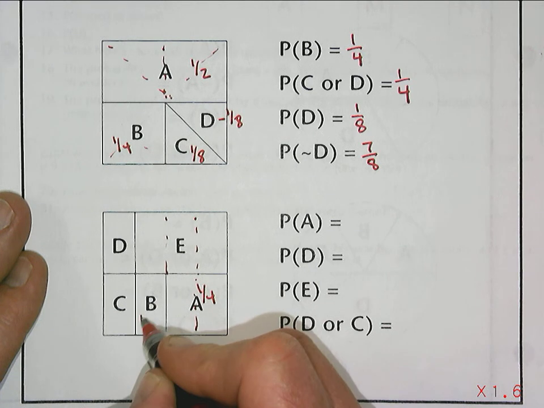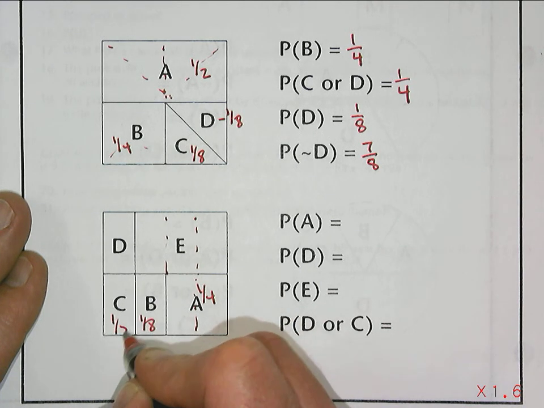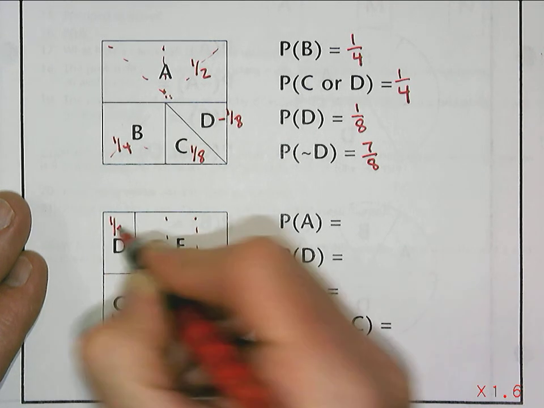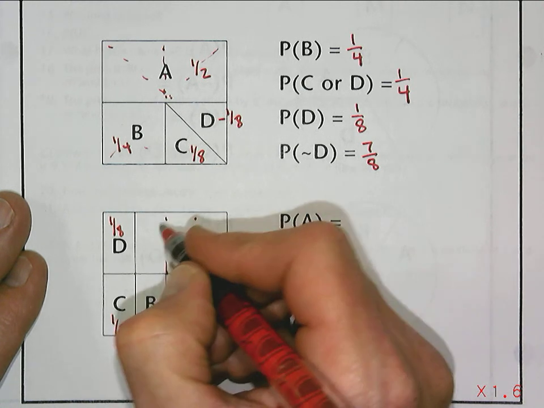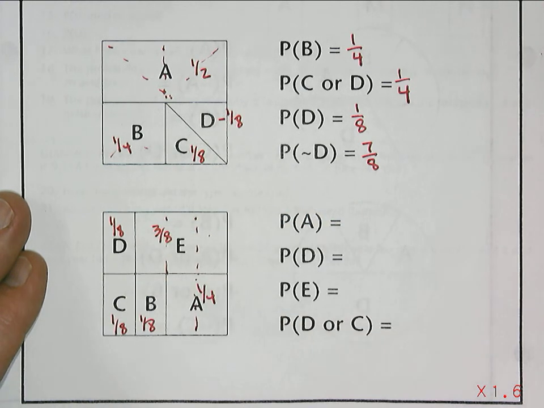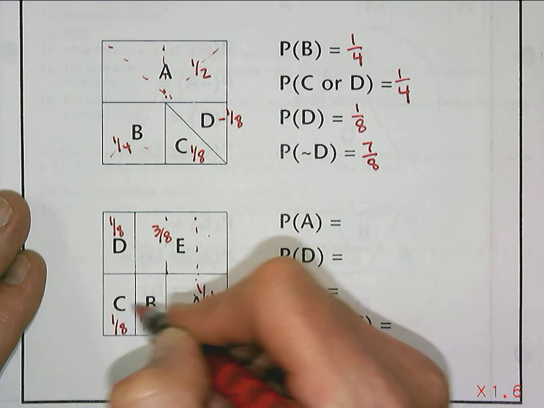So this is 1/8, and this is 1/8, and this is 1/8. And so that means that this last section would be 1, 2, 3/8 of the dartboard, because it would cut up into 3 pieces of that size.